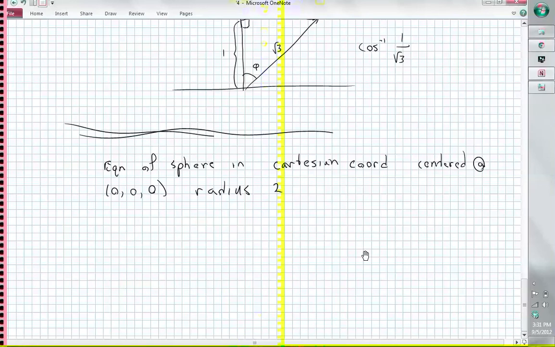What does that look like? x squared plus y squared plus z squared equals 4, right?